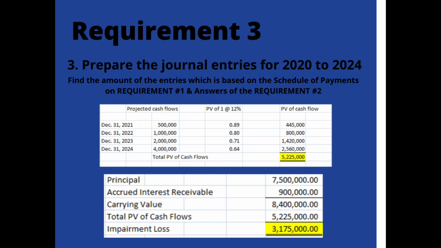For requirement number 3, which is to prepare the journal entries for 2020 to 2024. But before preparing the journal entries, we must find the amount for the entries, which is based on the schedule of payments in requirement number 1 and the answers of requirement number 2.